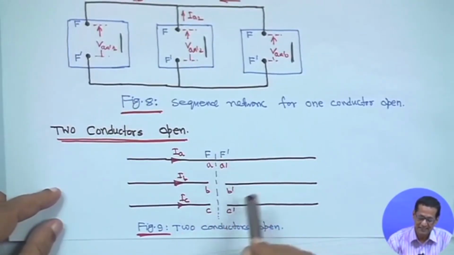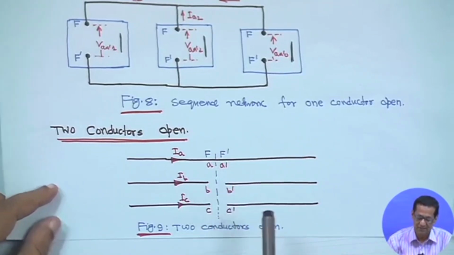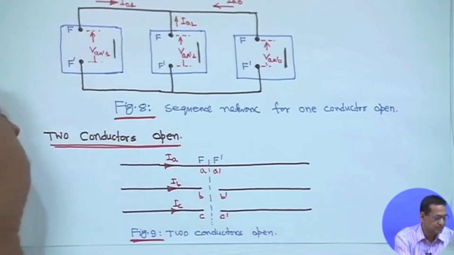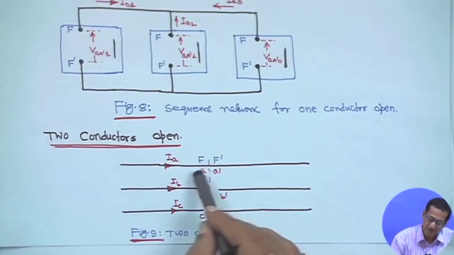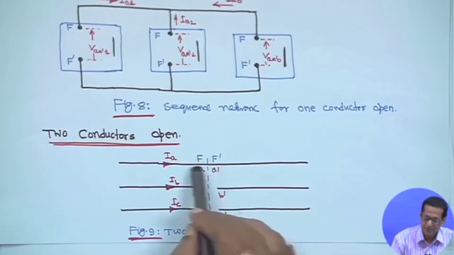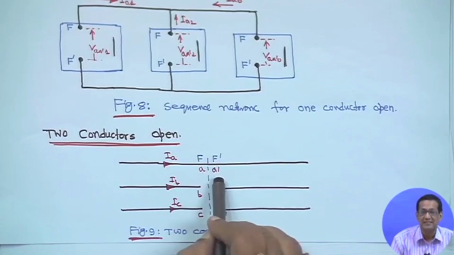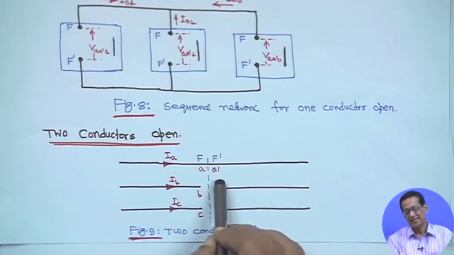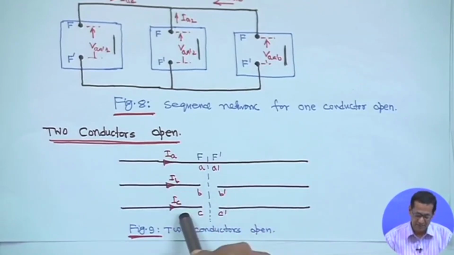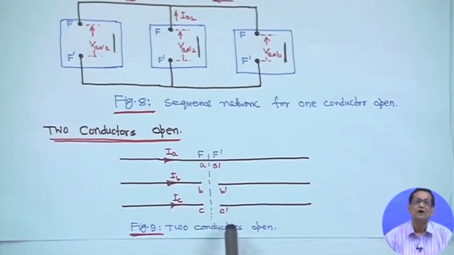So there is A A dash, B B dash and C C dash, but the phase B and phase C conductors are open. That means I B is equal to 0, I C is equal to 0, and V A dash will be 0, because there is no broken path here, A and A dash are a common point. These are the boundary conditions.